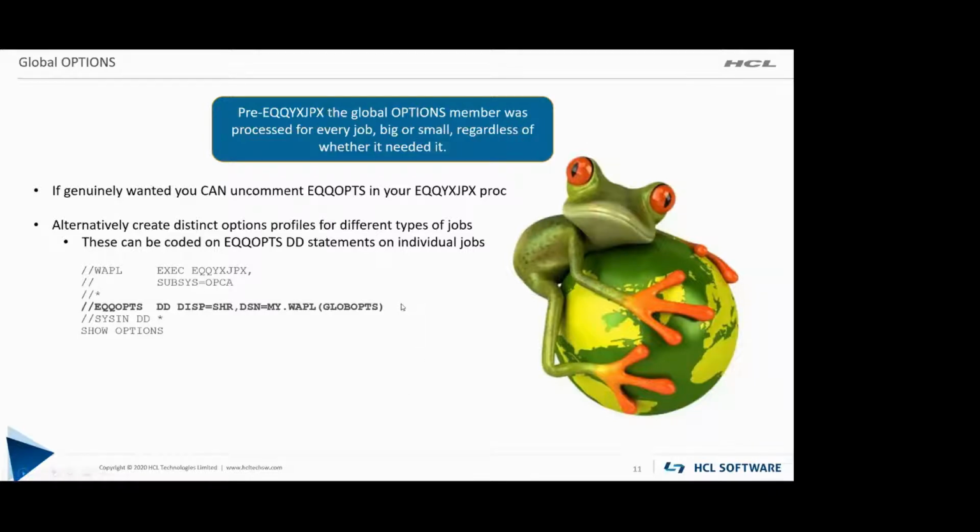The other thing, we made the options optional. So if you have default options, I would recommend, unless you really want to run options against every single WAPL job you ever run, you can put an EQCOOPS DD statement in the job instead of having it in the proc.